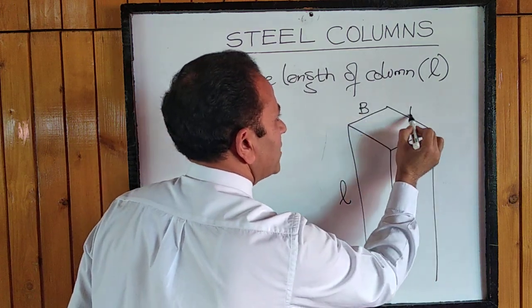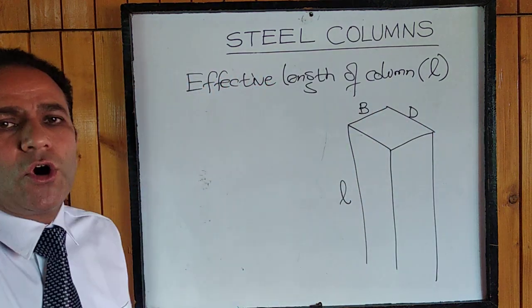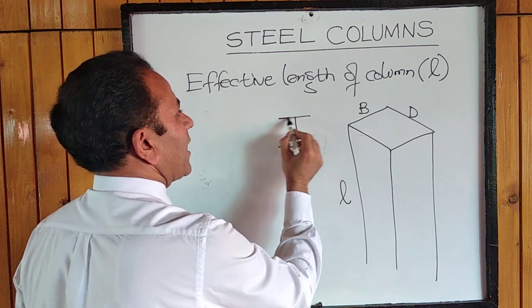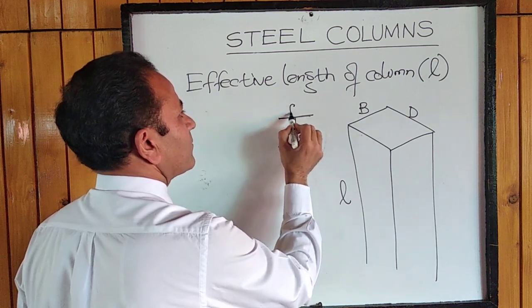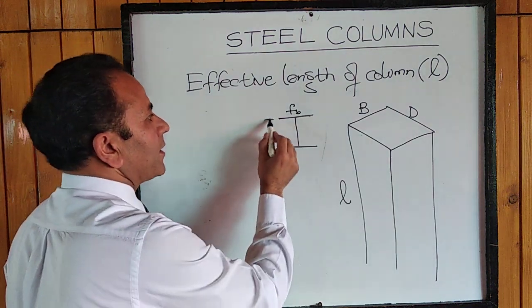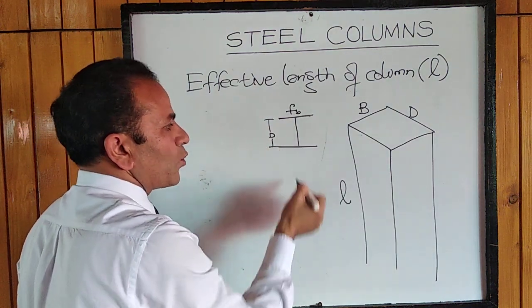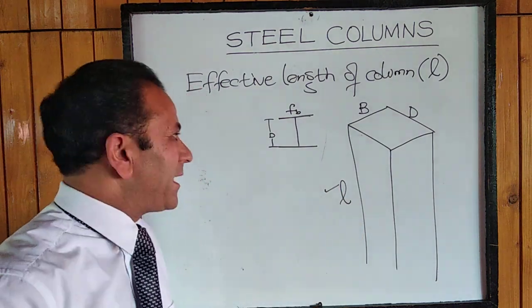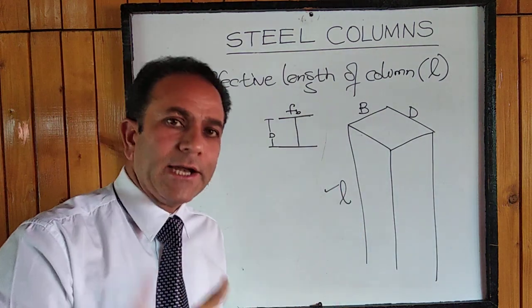This B and D are respectively less, or if it is a structural member, then the flange width and the depth of the member are quite less as compared to the length of the member. So this makes the column slender.